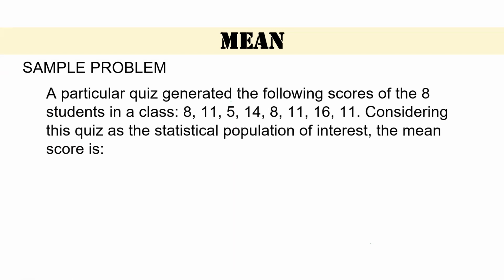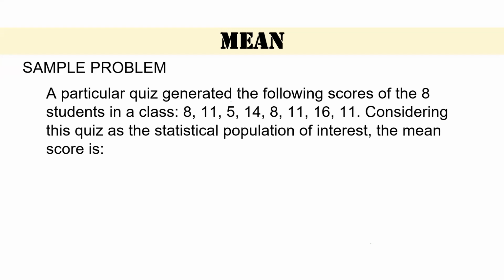For example, a particular quiz generated the following scores of the 8 students in a class. Their scores are 8, 11, 5, 14, 8, 11, 16, and 11. Considering this quiz as the statistical population of interest, meaning all of your students, there are only 8 students in your class, for example.